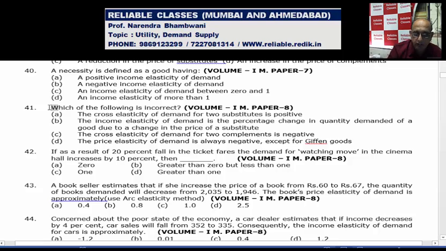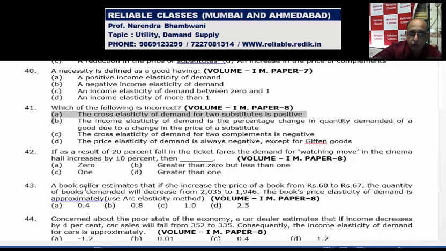Which of the following is incorrect? The cross elasticity of demand for two substitutes is positive. This is true. Say X and Y are substitutes. If price of X rises, demand of X will fall.